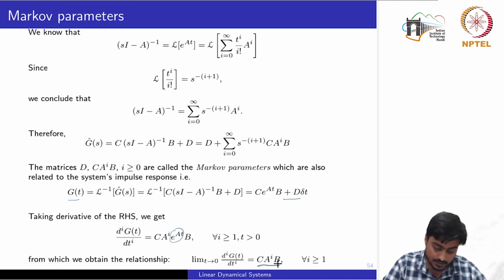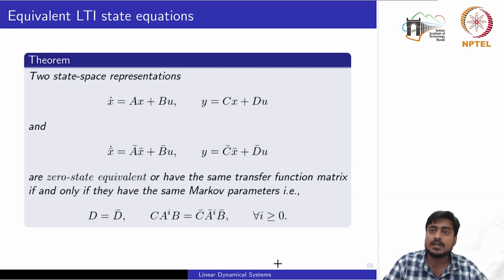After seeing the definitions of the Markov parameters, we can now answer the question we raised in the previous slide: these two representations, the first given by this one and the other given by the bar matrices, are zero-state equivalent, or have the same transfer function matrix, if and only if they have the same Markov parameters.